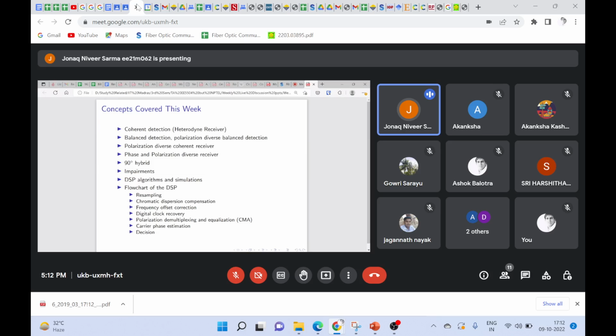We did not discuss too much into it, but we discussed it a couple weeks ago, I think, and code snippets were shown. Then frequency offset correction, digital clock recovery. I think you'll be more clear when we share the code for this week. And then polarization demultiplexing, then carrier phase estimation, and then you can take the decision and calculate the bit error rates and all these things.